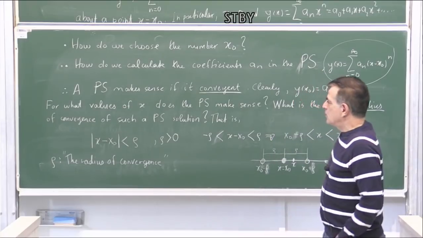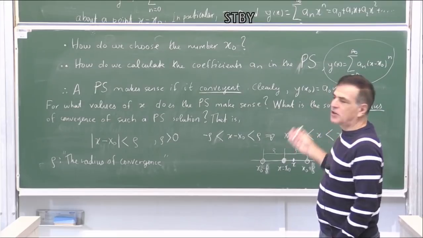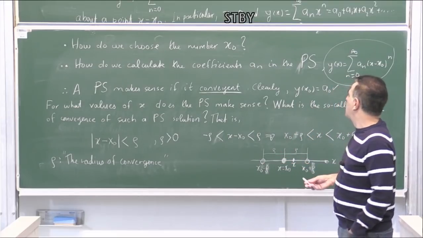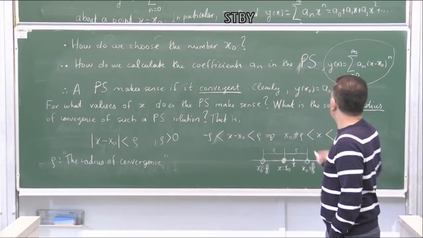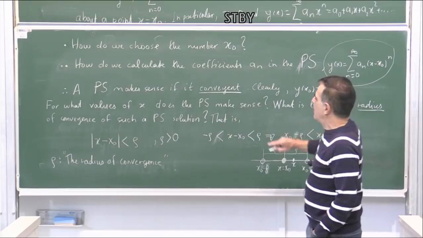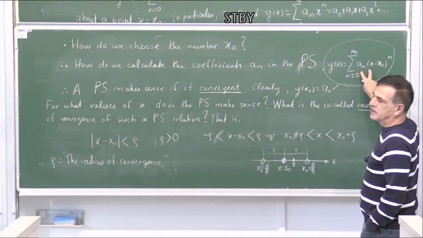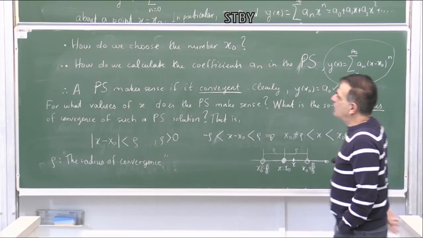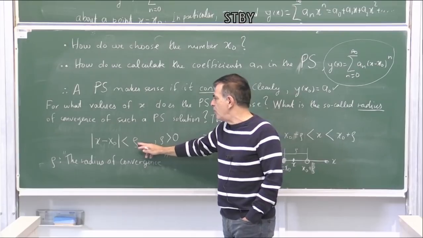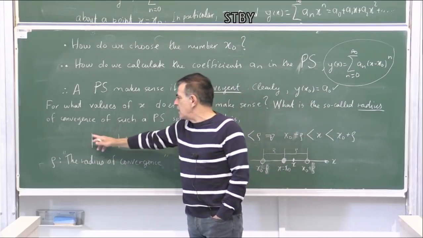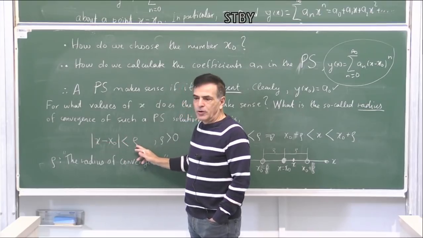Okay, so look, from the power series, recall calculus 2. It is known that a power series makes sense when it is convergent, and we require that there exists a non-zero radius of convergence rho such that the absolute value of x minus x0 is smaller than rho.